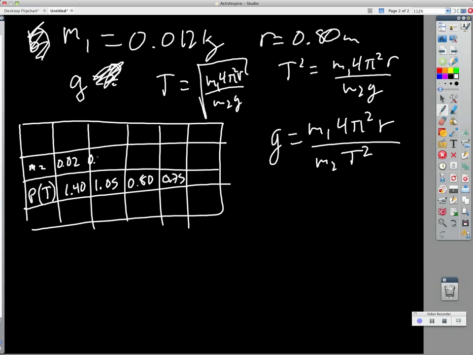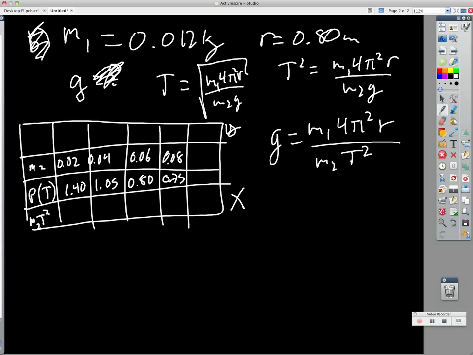So what I would do is I would take these, and up here, actually here I would say this is m2 times T squared. I'd plug that in down here. And this is going to become my x. And then up here, I would take m1, which is given, and r, which is given. Oh, that's a constant. Okay, I don't need to do anything else.